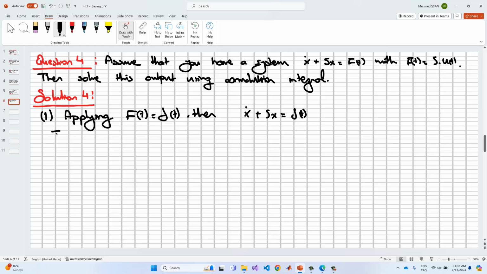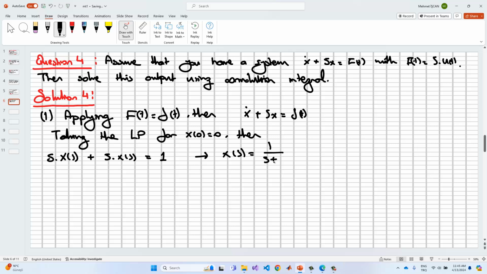Okay, and so taking the Laplace transform for x0 equal to 0, we get sxs plus 5xs, which is equal to 1, just like in the previous example. Remember that we used the unit step in here, but in the Laplace transformation, the Dirac function yields us 1. Okay, and so xs is 1 divided by s plus 5.